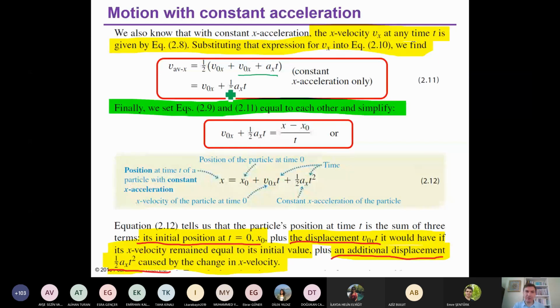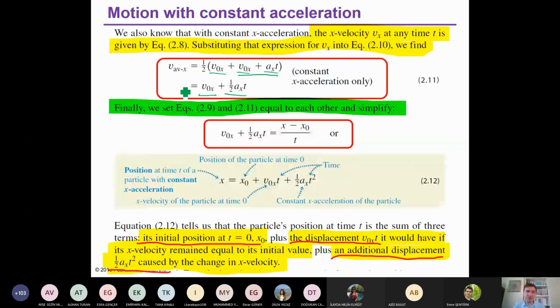Here we have one v0x, another v0x. There will be 2 v0x. If you divide by 2, then I will have here 1 v0x plus 1/2 axt, because I multiply this one with 1/2. And what we have here, this is the v average x, and it is equal to v0x plus 1/2 axt.